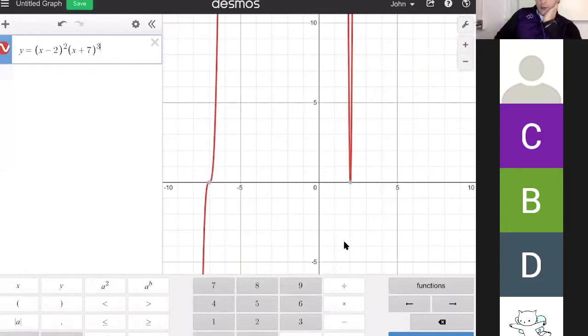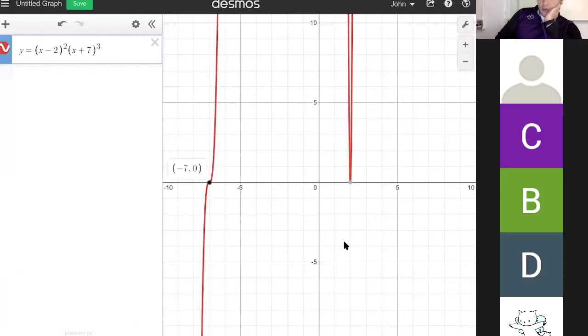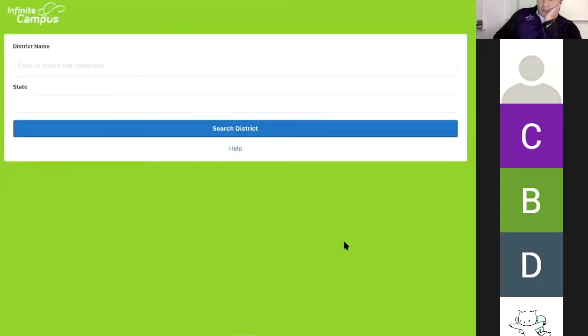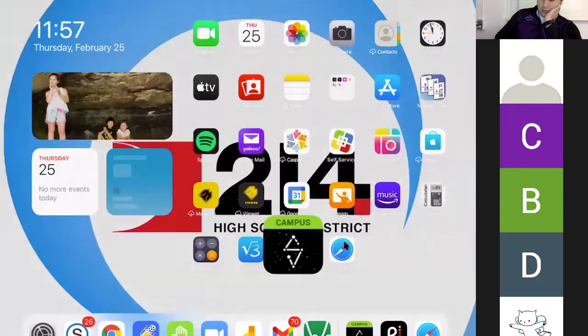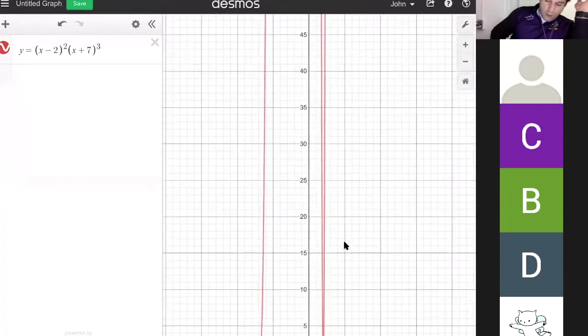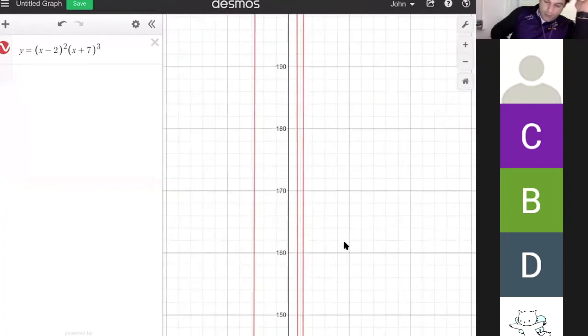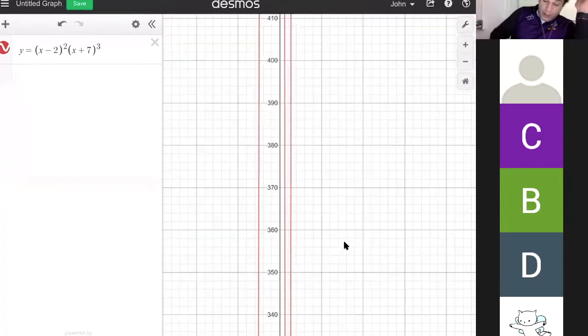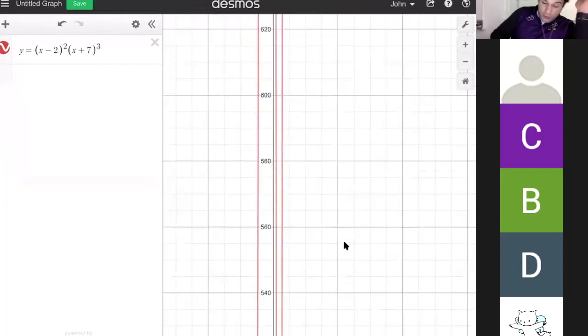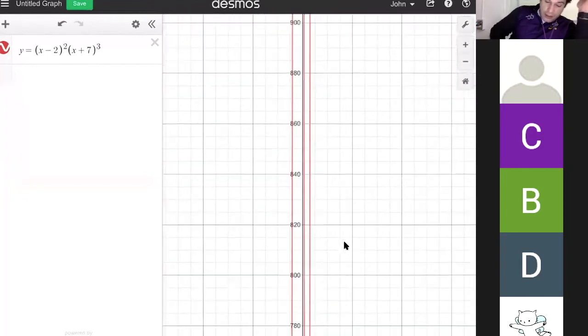Okay, there's my -7. There's my +2. See how it's going down on the end behavior on the left. And if I go up, see my y-intercept is up there. It's 4 times 343. But look at the end behavior.